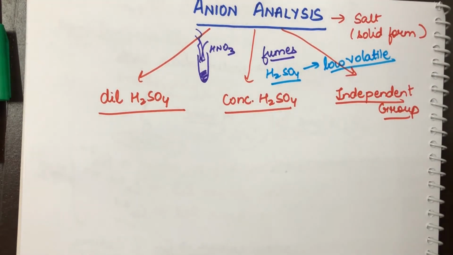If you had taken HNO3, you would have had fumes of NO2 also, which would have confused you about where the fumes are coming from. That would have been the analysis of the acid that you are using and not just your salt. So that is why, to avoid any confusion, we are only going to use H2SO4.